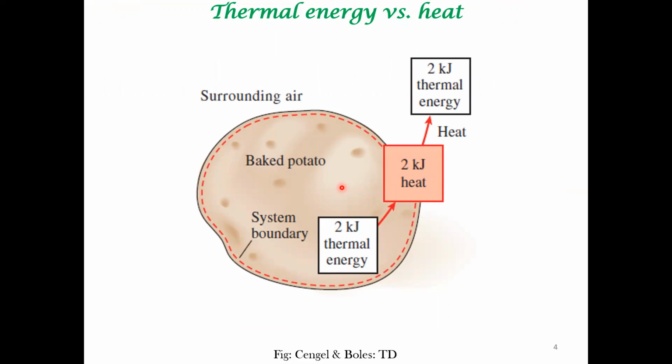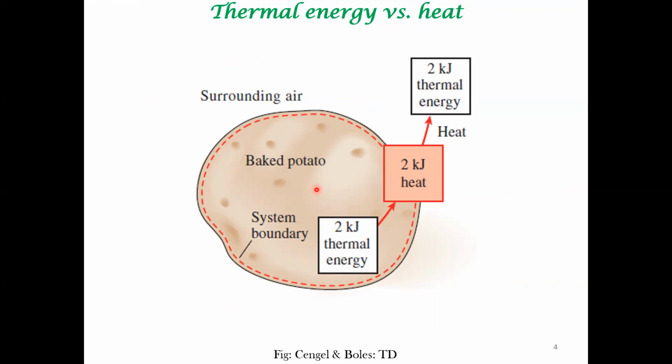So what exactly do we mean by thermal energy and heat? There are some nuances in definition which you have to be clear about. For example, this is a potato. There is the system boundary and there's the surrounding environment. We talk about the thermal energy of the potato, and that is with reference to its temperature.